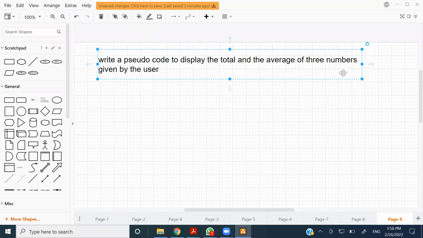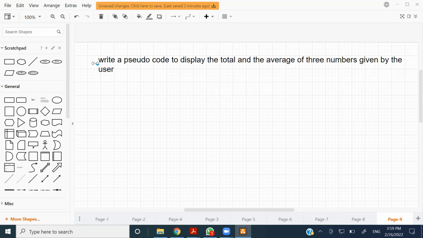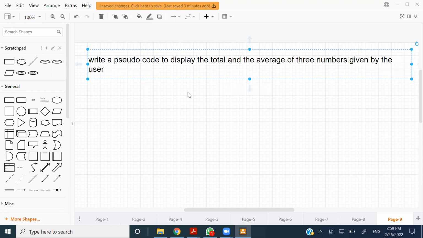Right? So this is the question. Write a pseudocode to display the total and the average of three numbers given by the user. So a simple sequence of program, right? So you have to take three numbers, add them, and we calculate the average.